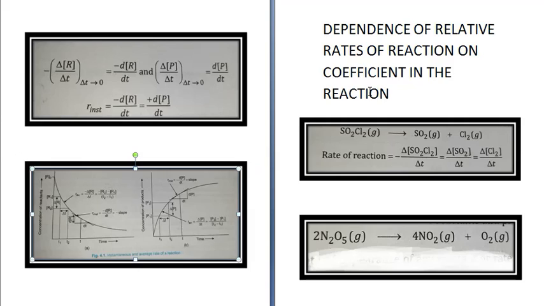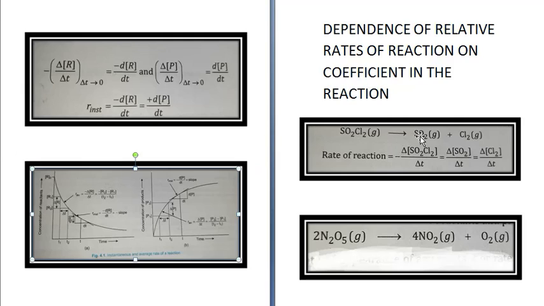So for reactions in which the stoichiometric coefficients of reactants and products are the same, as in decomposition of sulphuryl chloride, SO2Cl2, the rate of disappearance of any of the reactants is the same as the rate of appearance of product. See, SO2Cl2 gives SO2 plus Cl2.